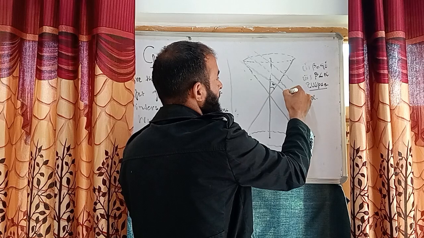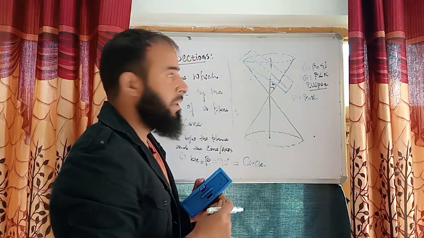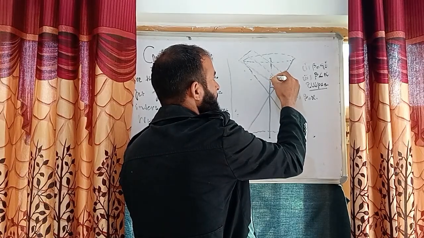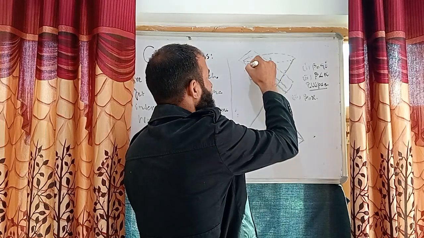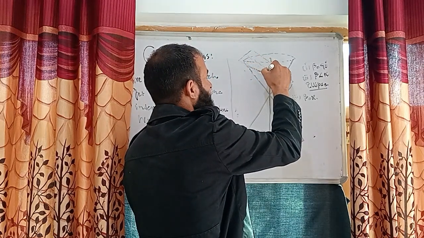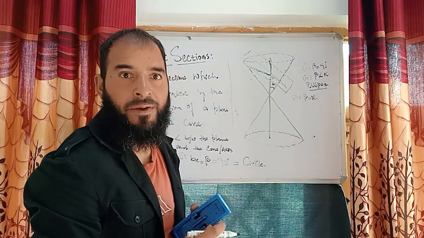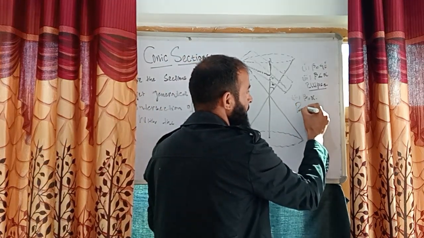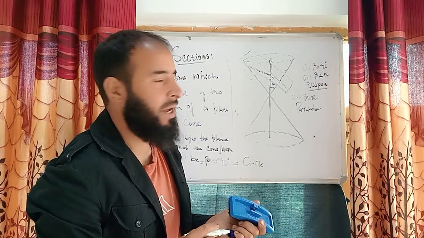This is our plane. So here we have beta equal to alpha. We will get a shape just like this, and this is known as a parabola.